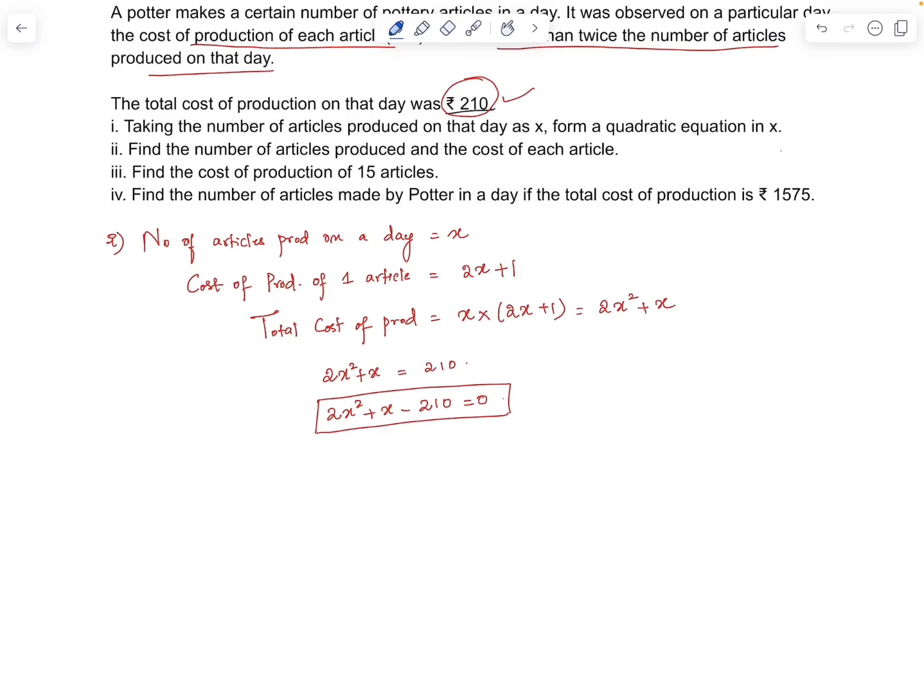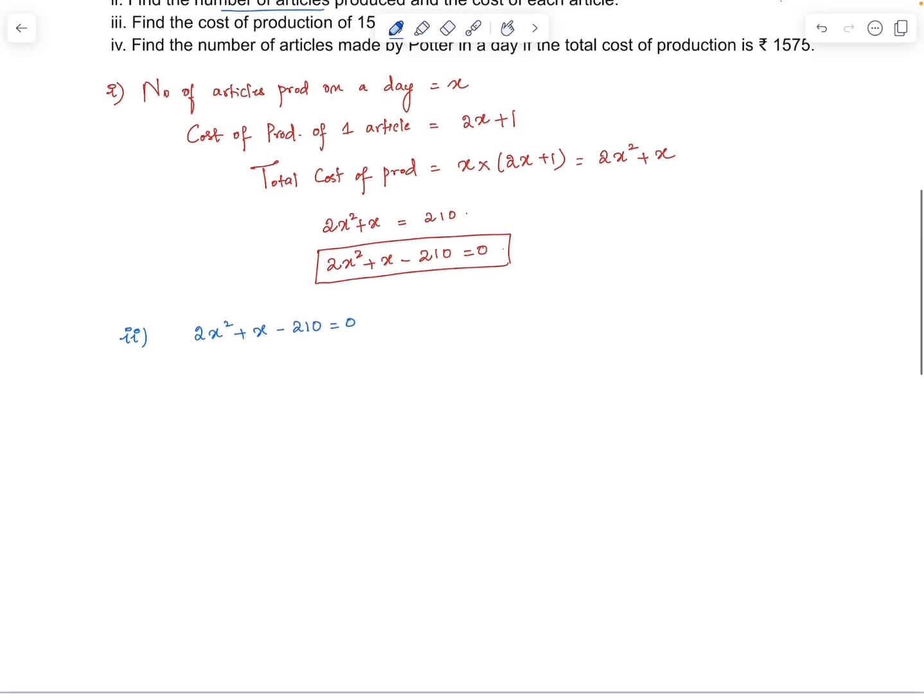Question 2. Find the number of articles produced and the cost of each article. This number of articles is represented by x. So we have to factorize this equation, 2x square plus x minus 210 equal to 0. So from this we get a as 2 and b is 1, c is minus 210.